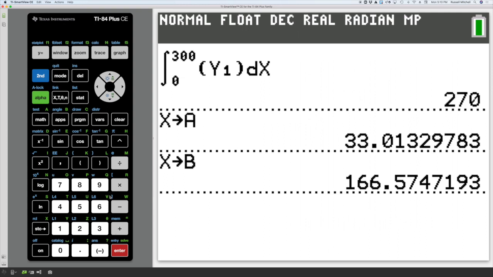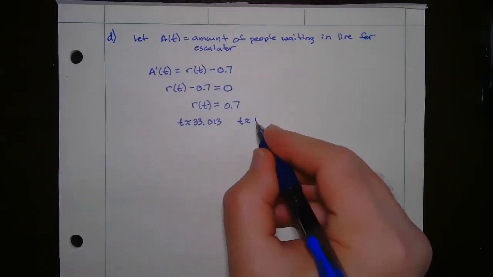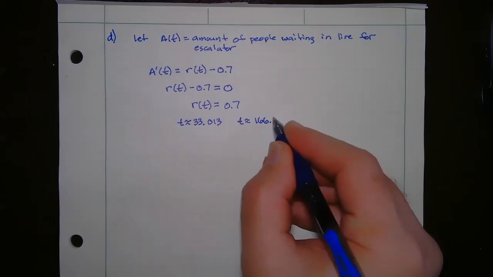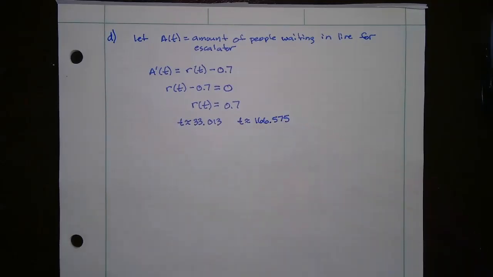Now I'm going to go back to my paper and record this. So this other time value was 166.575.